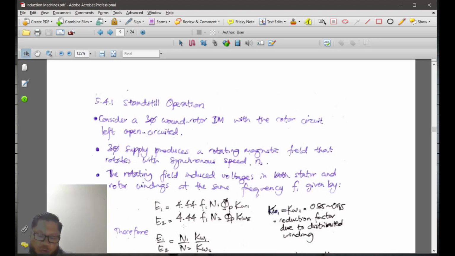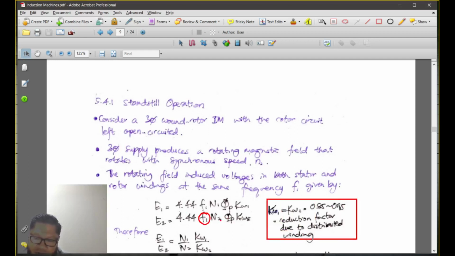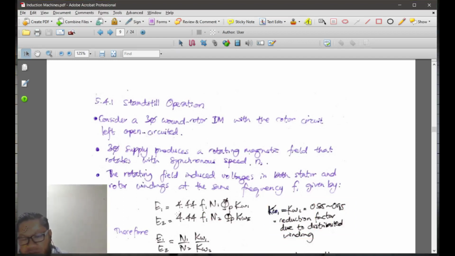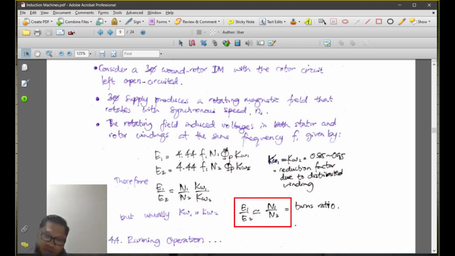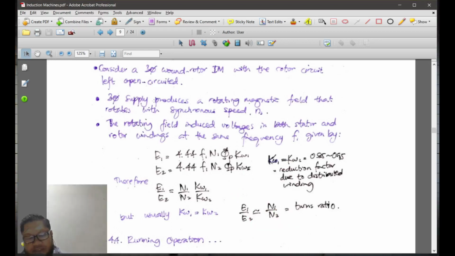And for E2, remember the standstill, nothing has happened yet. So the voltage across your rotor will have 4.44, frequency F1, N2 and flux Φ. This is known as the reduction factor. Very similarly, Kω1 equals Kω2, so you can cancel that and you get the equation E1 over E2 equals N1 over N2. So that is the standstill.